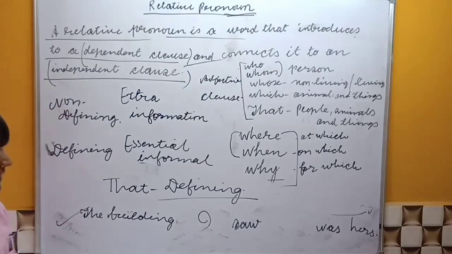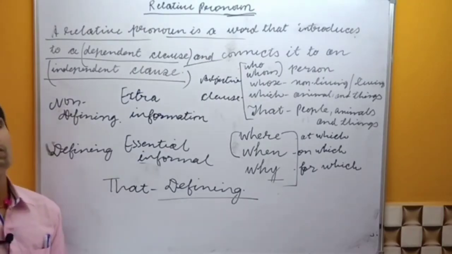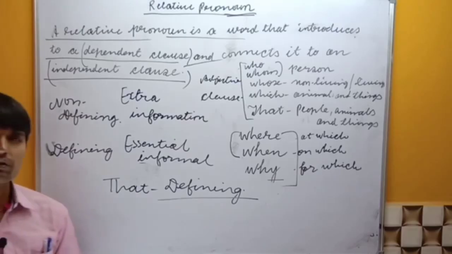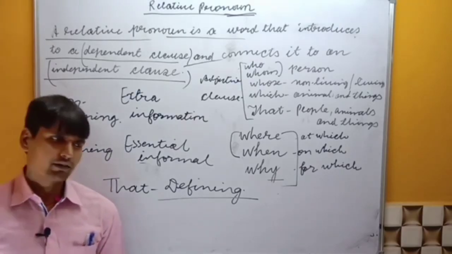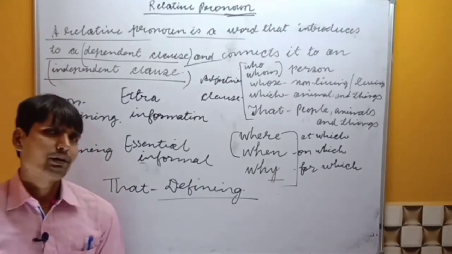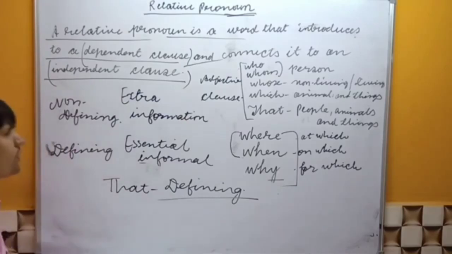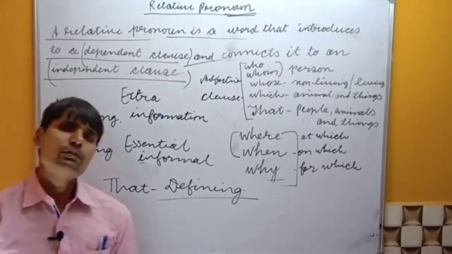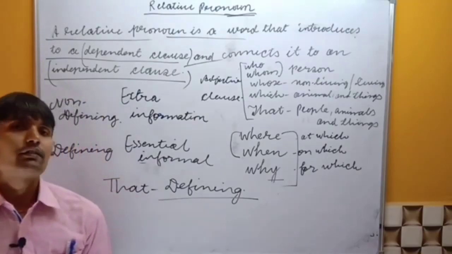Now let's see other sentences. Next is "whose". "Whose" is used for making a relation. It can be used with any living or non-living things, for example animals, people, persons, or objects. Because it is showing the relation, the possession, you can say, and everything has some possession.